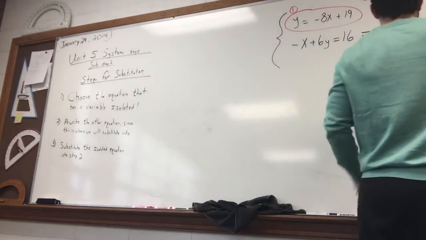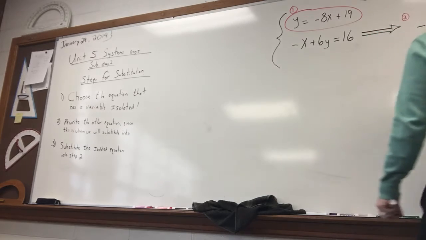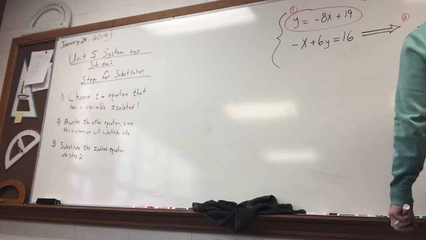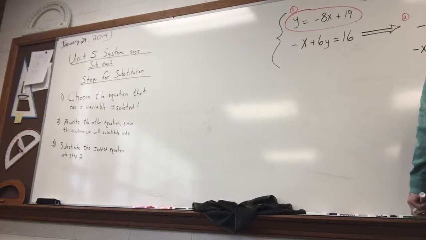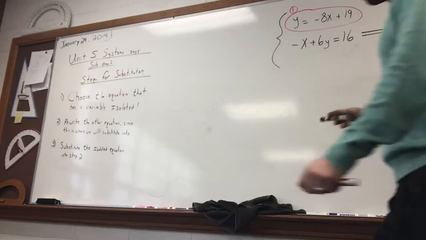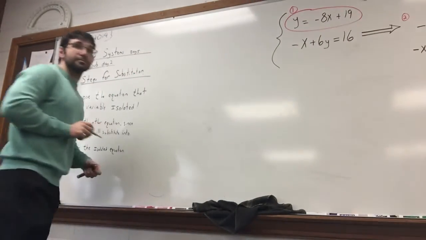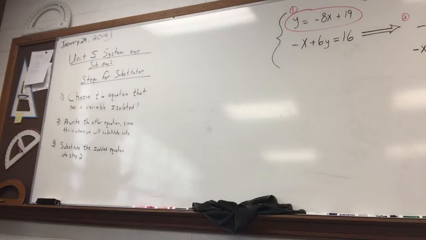So I'm going to rewrite it. Well, we're not changing the x. We're not changing this 6. But we are changing what y is. Y is what, Maddie? Y is negative 8x plus 19. So there's step 3. Okay, everybody with me?